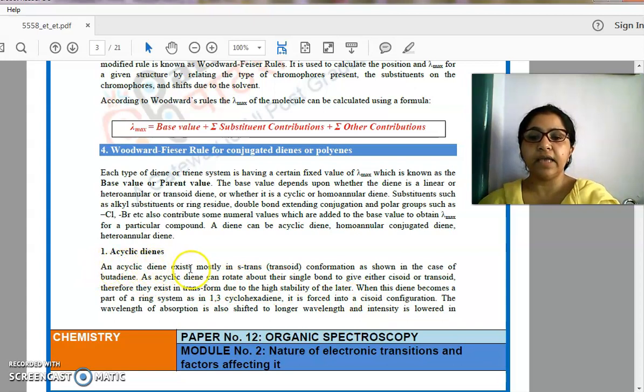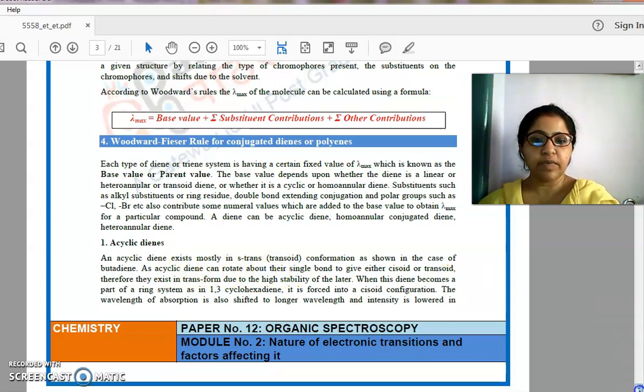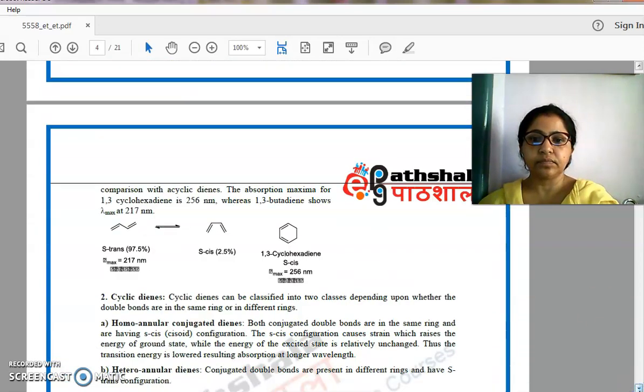An acyclic diene exists mostly in S-transoid conformation, as shown in the case of butadiene. Acyclic means it's not a cyclic compound. You can take butadiene, as acyclic dienes can rotate about their single bond. Now let me go to the next page and show you this: what is S-trans and S-cis?